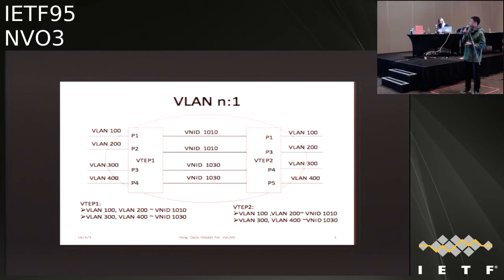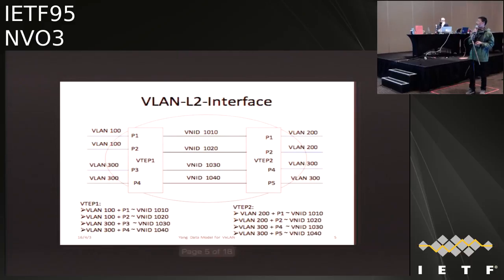For VTEP 2, VLAN 100 and VLAN 200 map to VNID 1010, and VLAN 300 and VLAN 400 map to VNID 1030. So for this type, we think that for the same VNID 1010, the VLAN IDs of VTEP 1 and VTEP 2 should be the same. So we can say that VLAN 100 and VLAN 200 should be mapped to VNID 1010 on both sides.